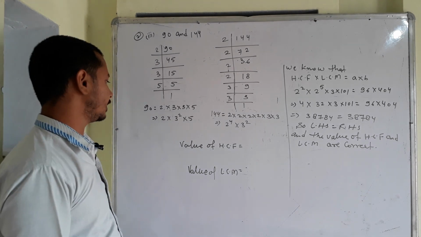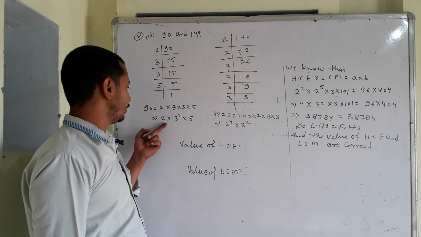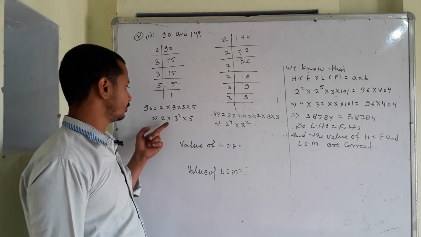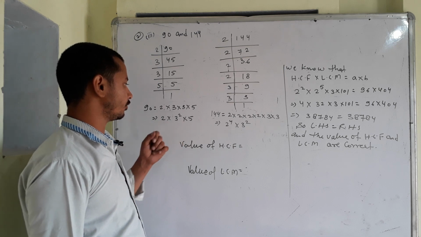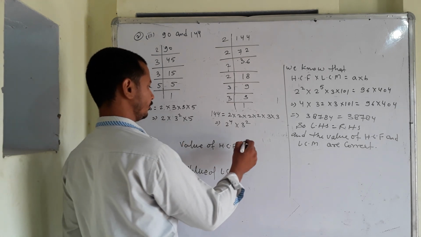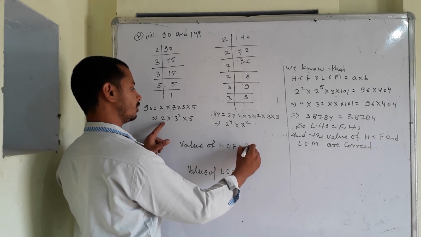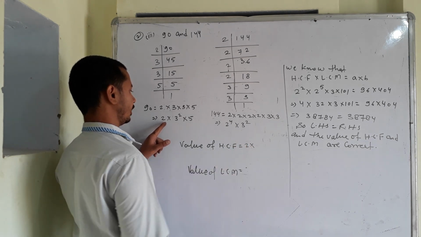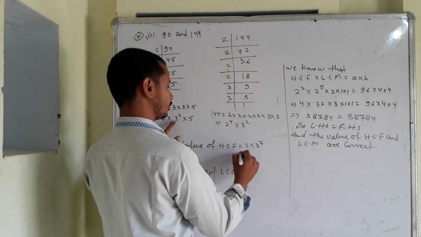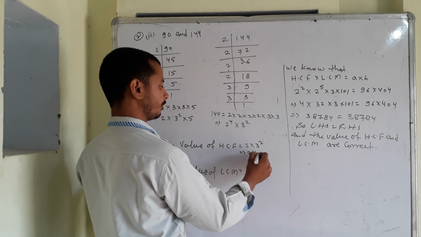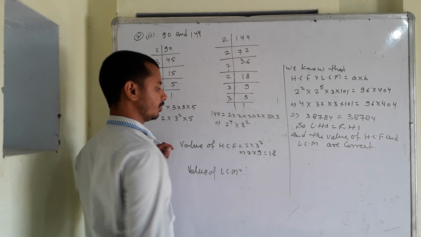And the value of HCF is the minimum power of the common factors. So we write the minimum power of 2 equal 1 multiply the minimum power of 3 equal 3 square. So value of HCF equal 18, okay.